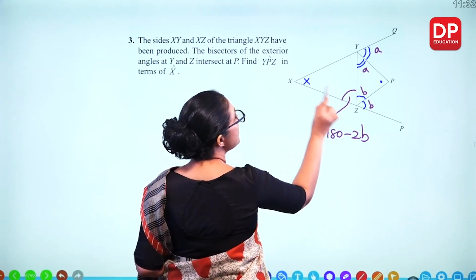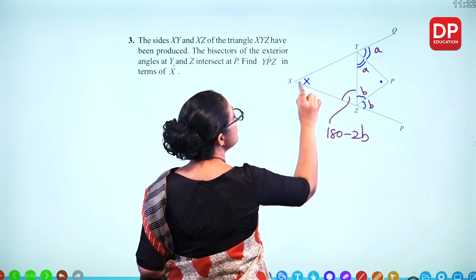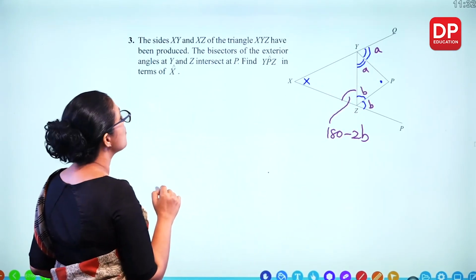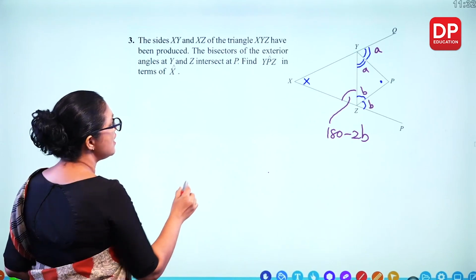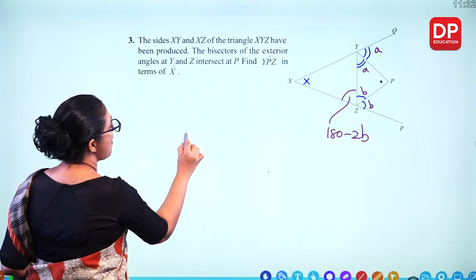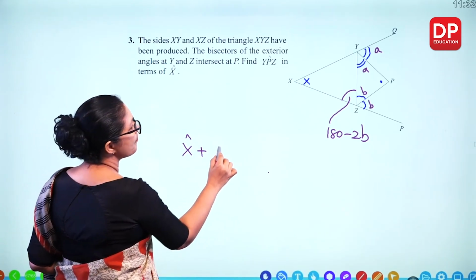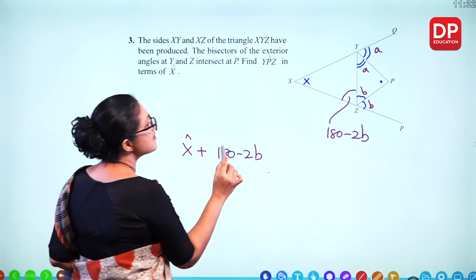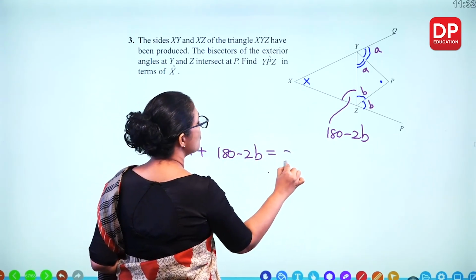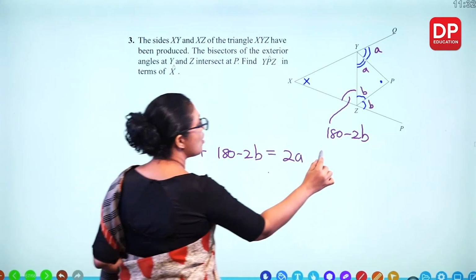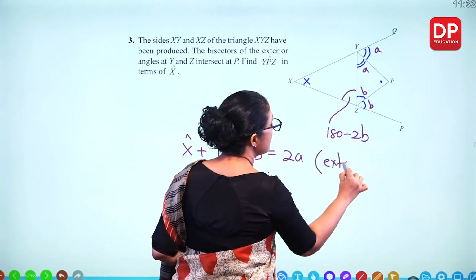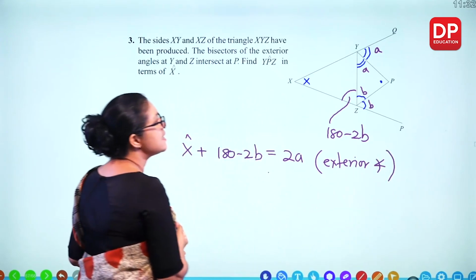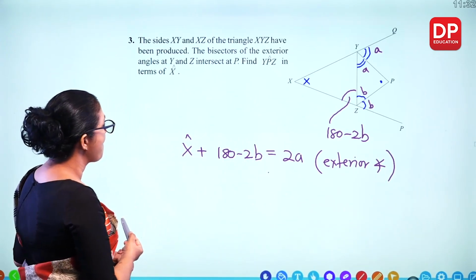We can write an equation. These two are equal to the exterior angle. So I can create an equation: X plus 180 minus 2B is equal to 2A, because the exterior angle is equal to the sum of opposite interior angles.